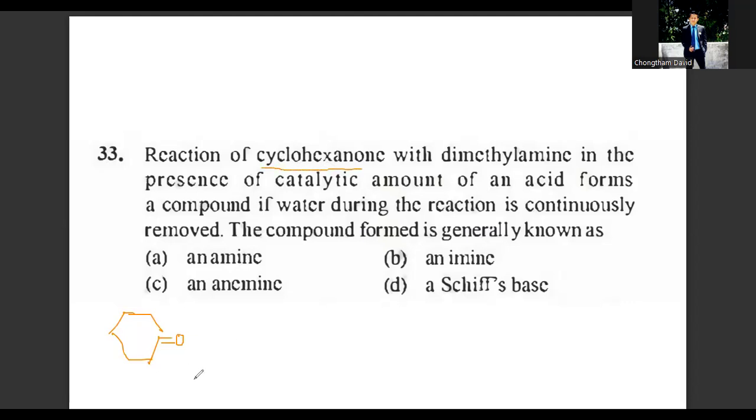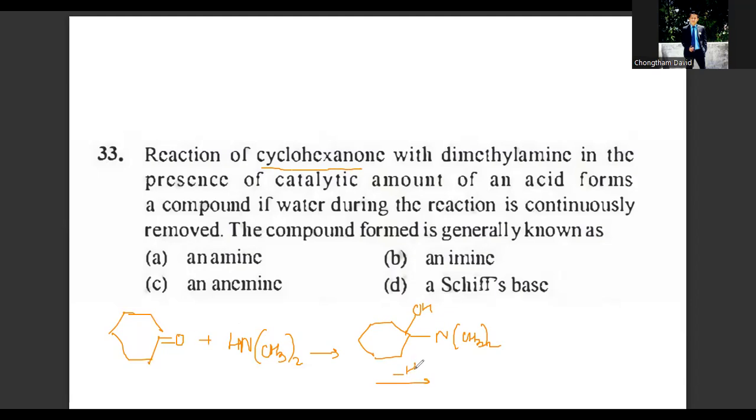This cyclohexanone on treatment with dimethylamine. So how to write the structure of dimethylamine? So when this is treated with dimethylamine, it forms a tertiary amine.